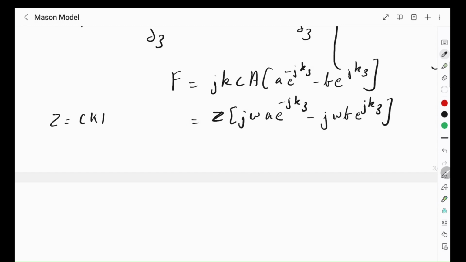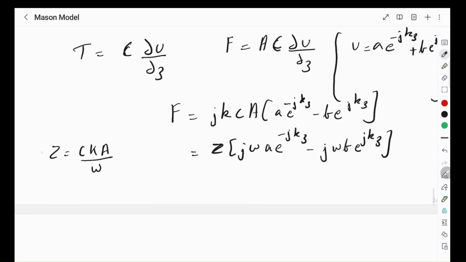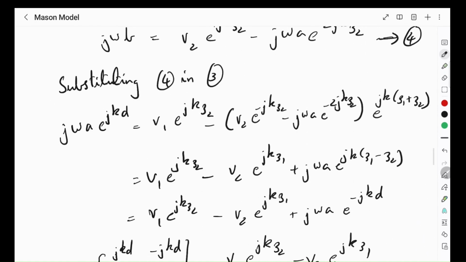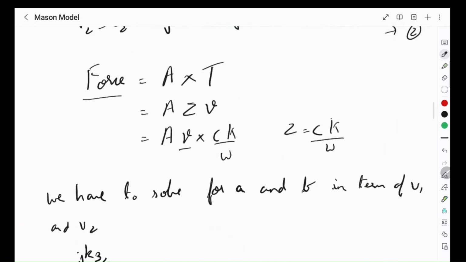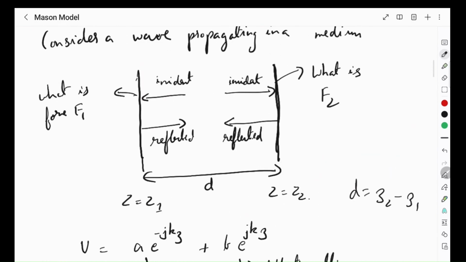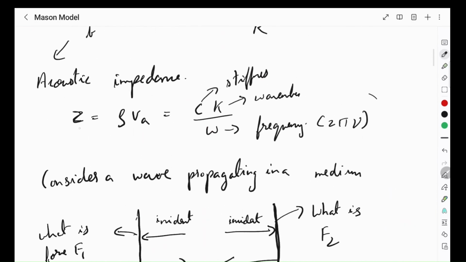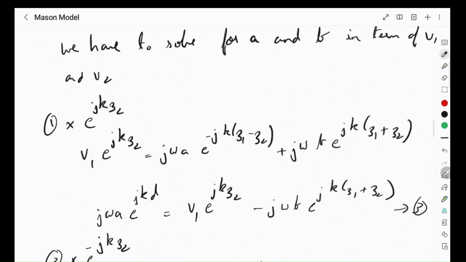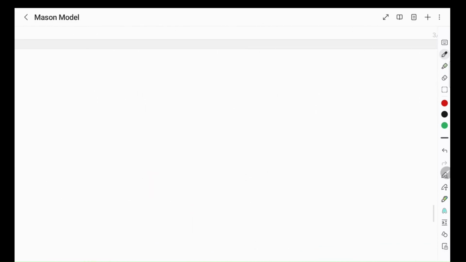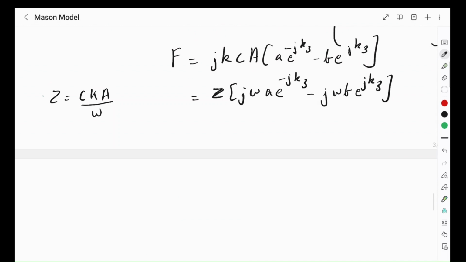Ck A by omega. As I told you, you will have a doubt here. So this is the impedance per unit area, which is shown here, the acoustic impedance per unit area. If you want the actual impedance, it is ckA by omega. That's how you substitute here. You'll have a doubt here when I show the equation there and here.